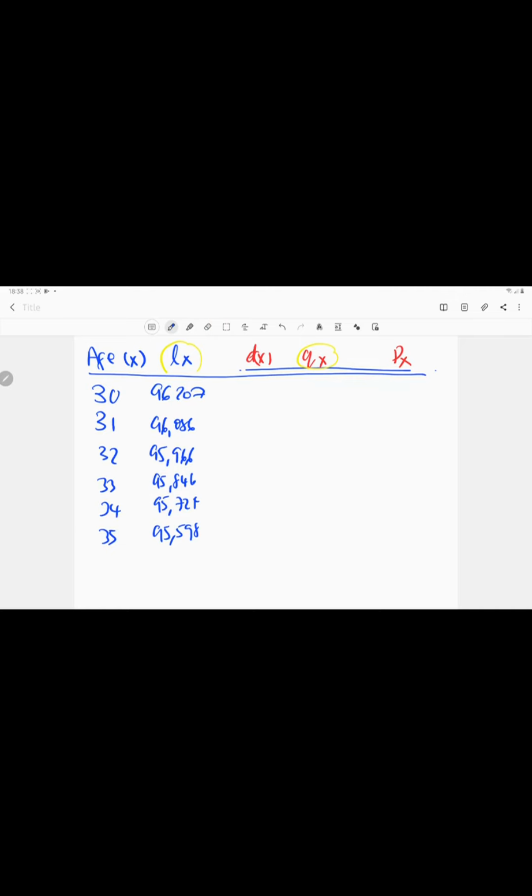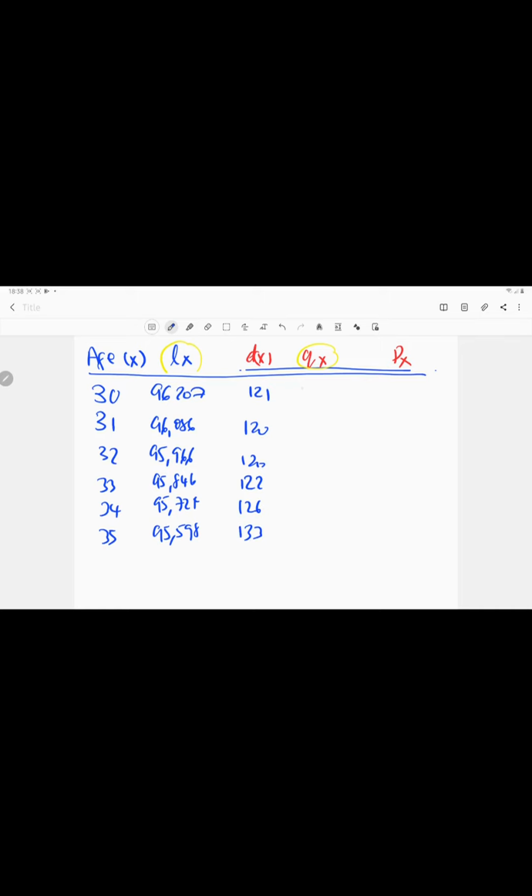Then for the number of deaths, it came up to 120, 120, 122, 122, 122, then 126, and 133.